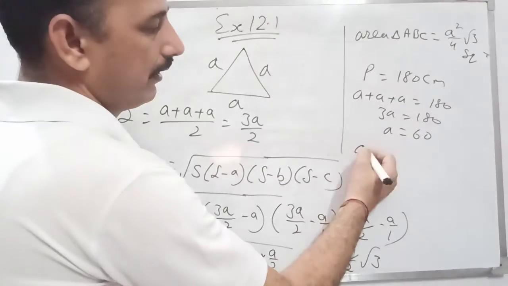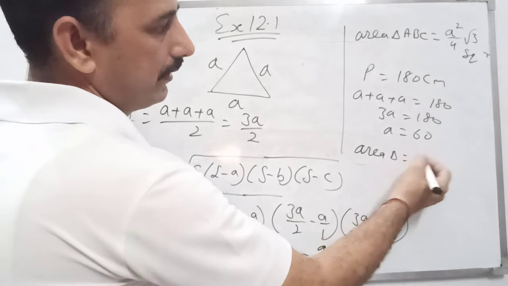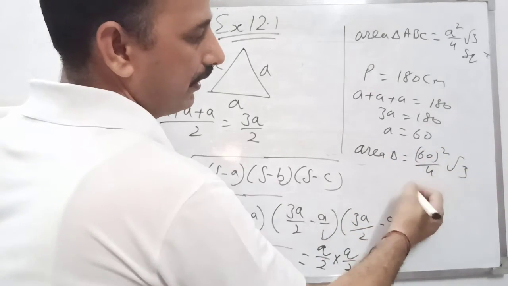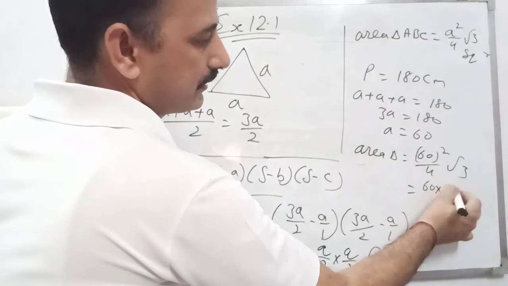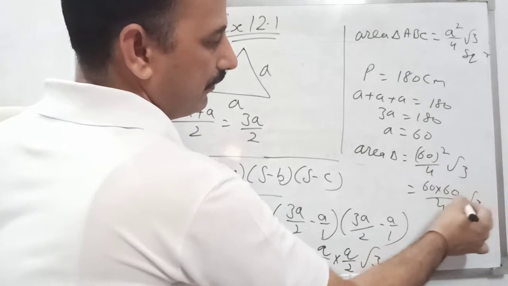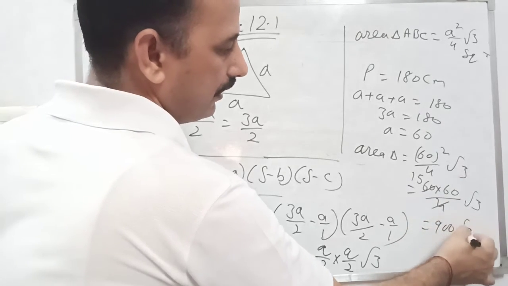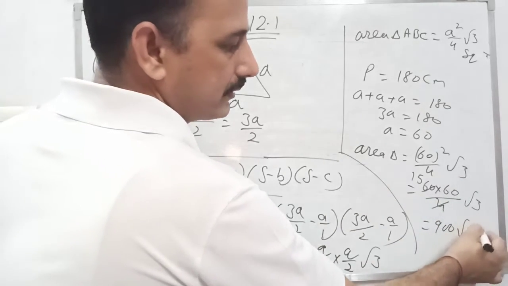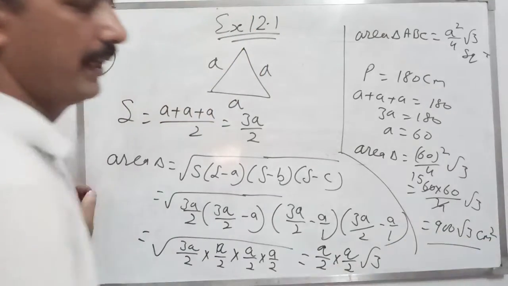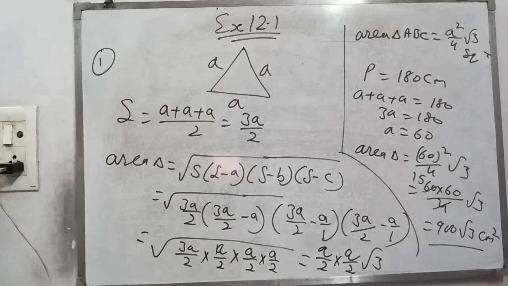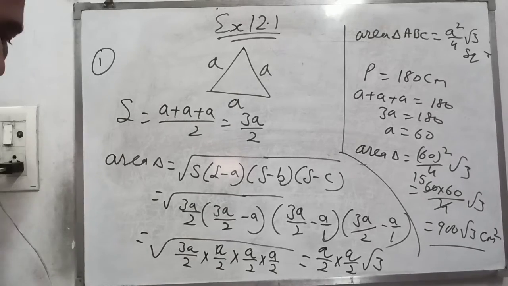So the area of the triangle is 60 square upon 4 under root 3, that is 60 into 60 upon 4 under root 3, you get 15, so 900 under root 3 centimeter square is the area of this triangle, right? So come to the next question.